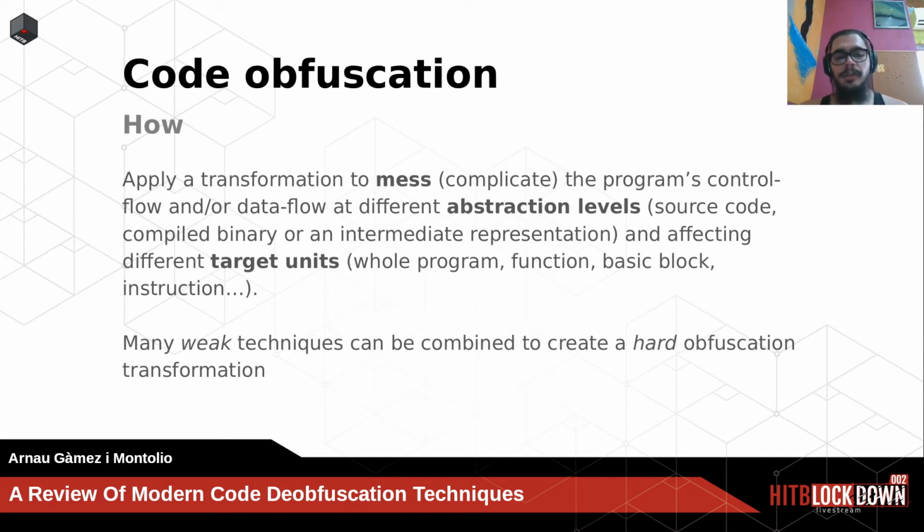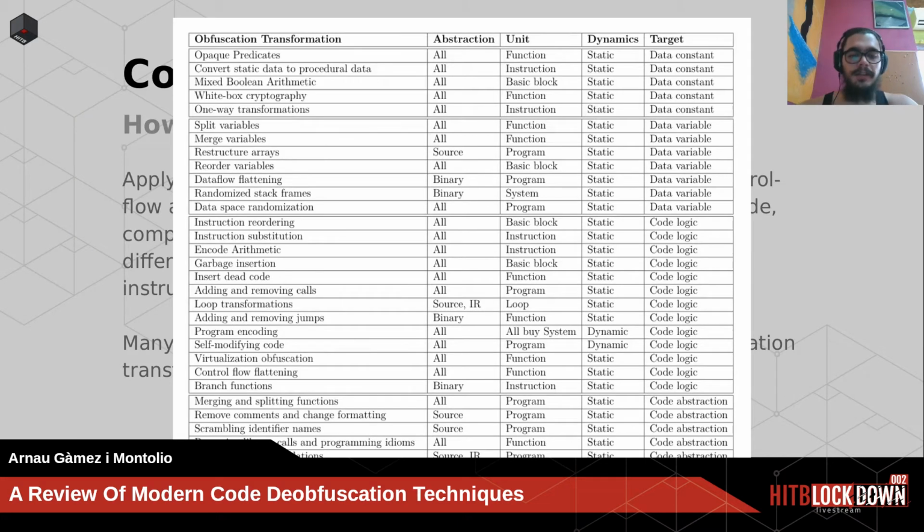Just as a side note, many weak techniques that we can encounter, used alone, may not be hard to break, but usually we can combine a lot of them arbitrarily to create hard obfuscation transformations. Here we have a table from one of the references I will give you afterwards that presents basically most of the known obfuscation transformations to date.